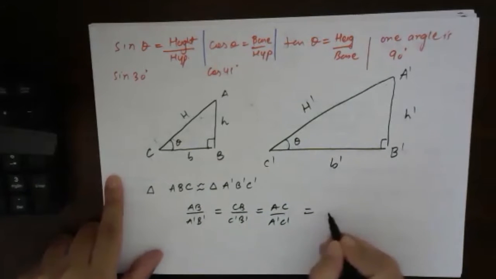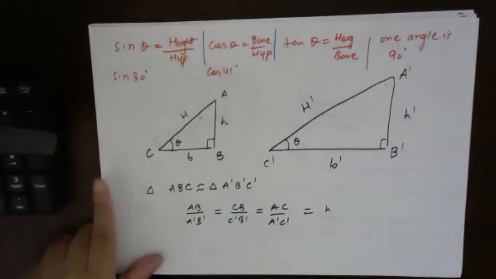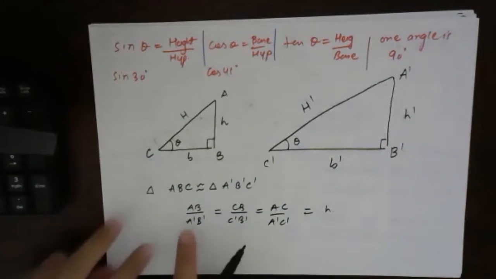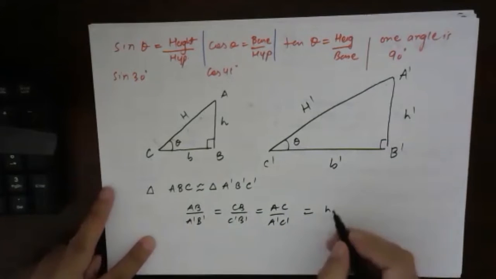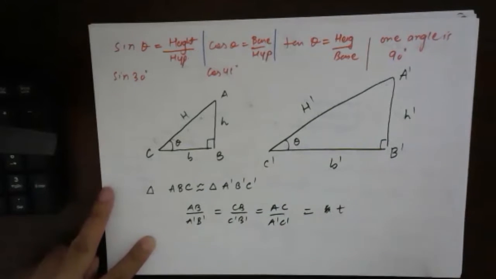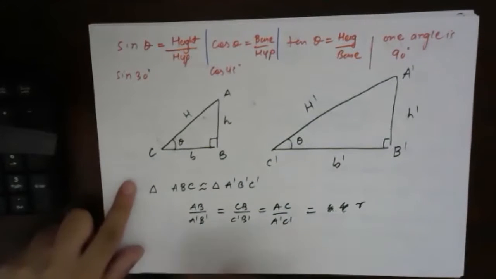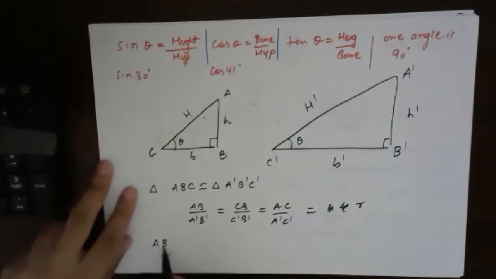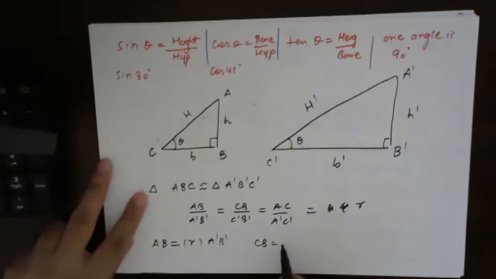Suppose this is equal to a ratio R. So from here I can write that AB is equal to R into A dash B dash, CB is equal to R into C dash B dash, and AC is equal to R into A dash C dash, right?